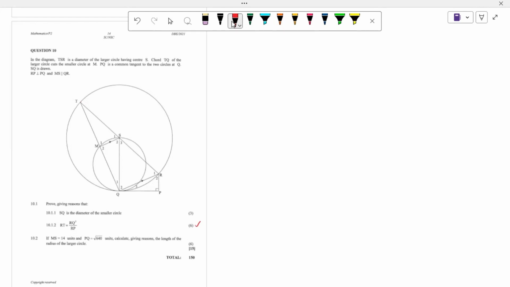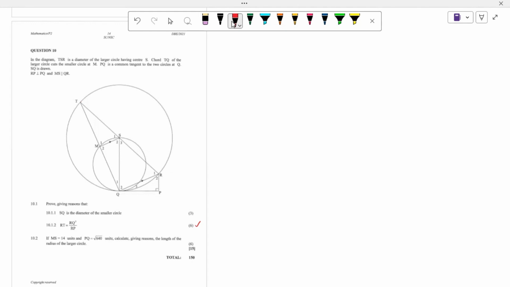And then now they are saying we must prove, giving reasons, that RT is equal to RQ squared over RP. Let us look at those lines specifically.